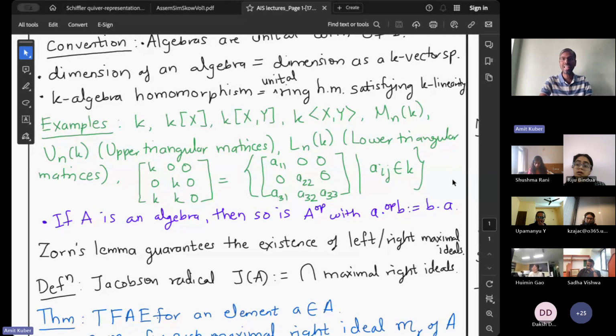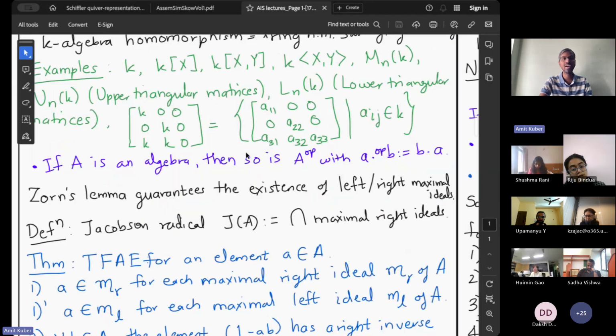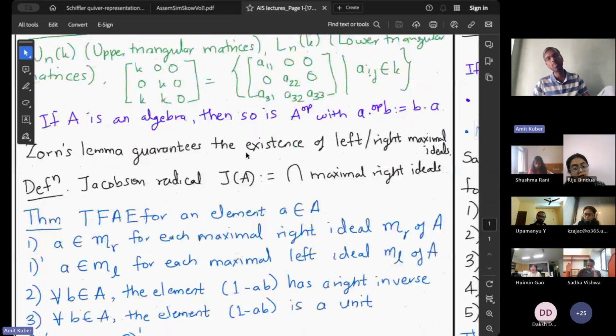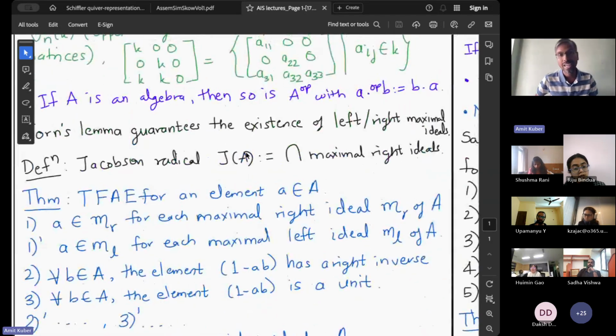Okay. And then the Jacobson radical, we already discussed that, is simply written as the intersection of all maximal right ideals. However, left or right doesn't really matter. So here are some equivalent criteria for an element to belong to the Jacobson radical. I'm not going to cover the proof.